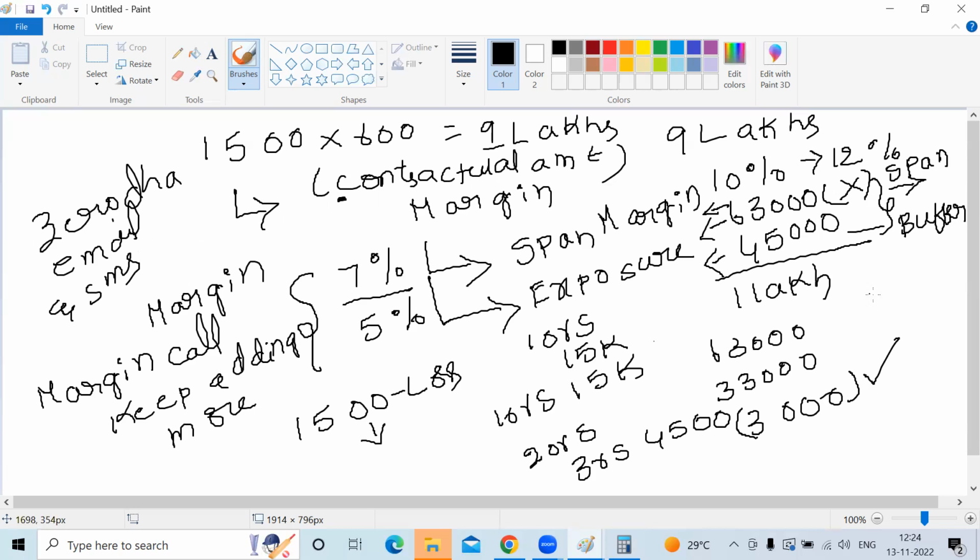If you don't add the money, mostly they will close the position automatically because you are not paying money. That is a risk for them, right? If you don't add money, they will calculate the net loss and remove the amount from the existing margin and close the position.